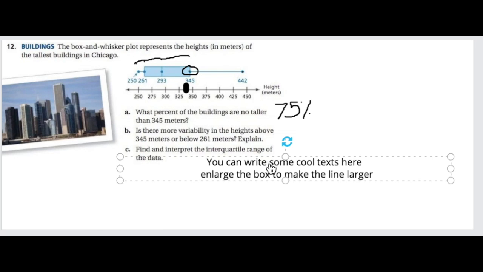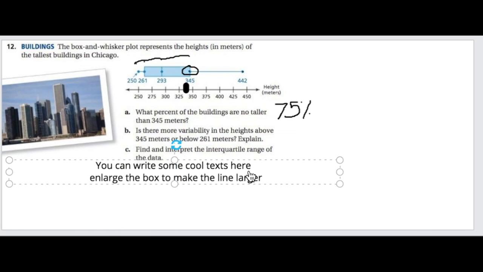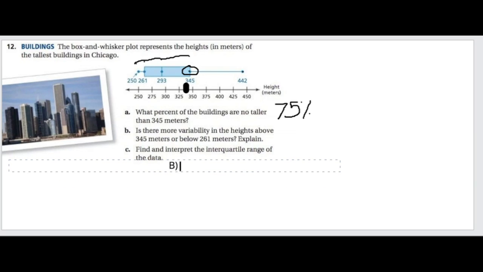So we're going to answer question B. I'm looking at my data. Well, if I'm looking at the right whisker, it's talking about the heights above 345. So from 345 to 442, that's my right whisker.